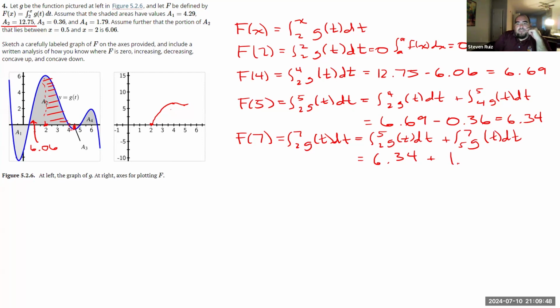That's 1.79. So what is 6.34 plus 1.79? Let's find out. That is 8.13. So f of 7 is equal to 8.13.